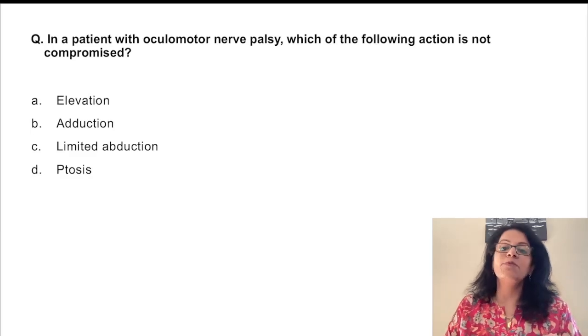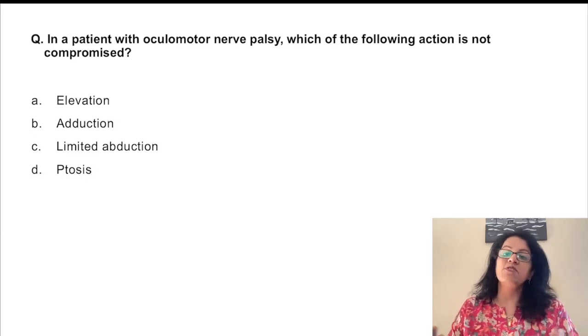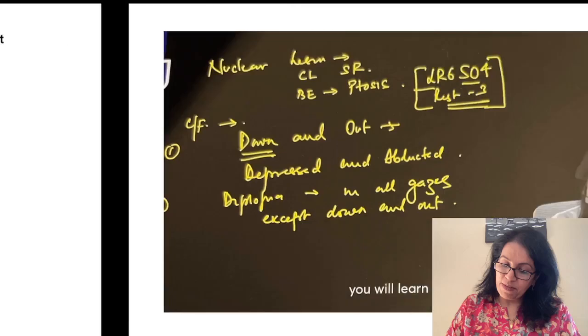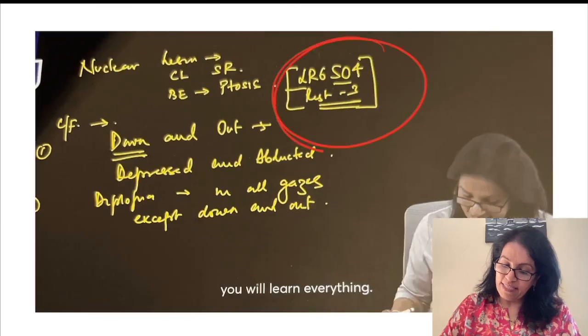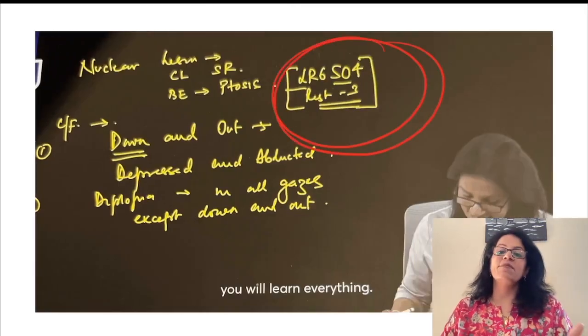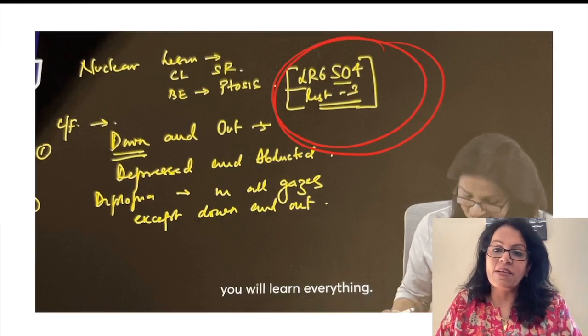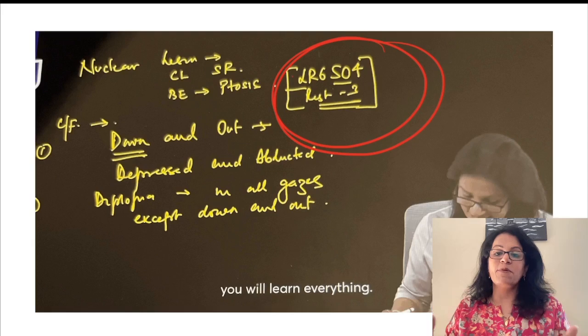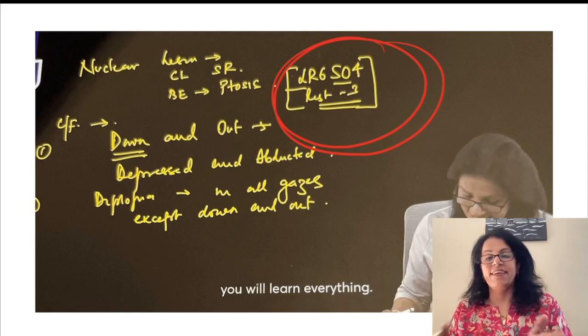In a patient with oculomotor nerve palsy, which of the following actions is not compromised? Not compromised, very simple. We have to just learn LR6 and the rest are supplied, all the muscles supplied by the third nerve. So these are the two muscles which are not compromised. What is lateral rectus doing? Abduction.